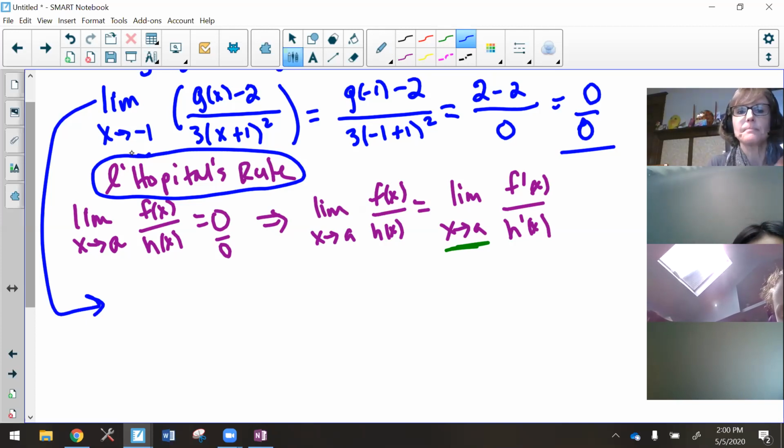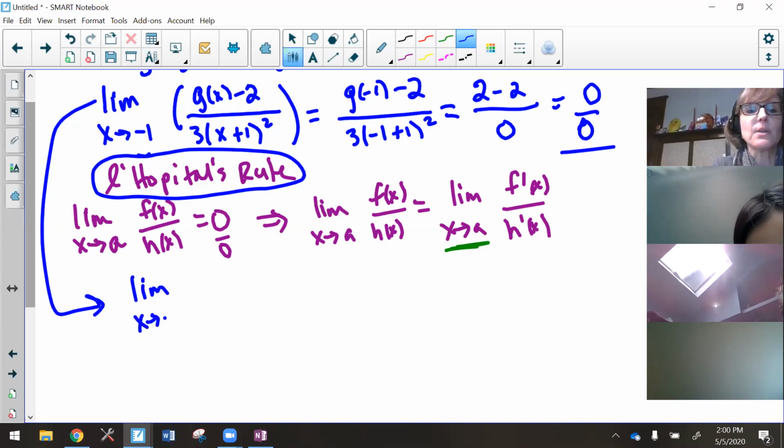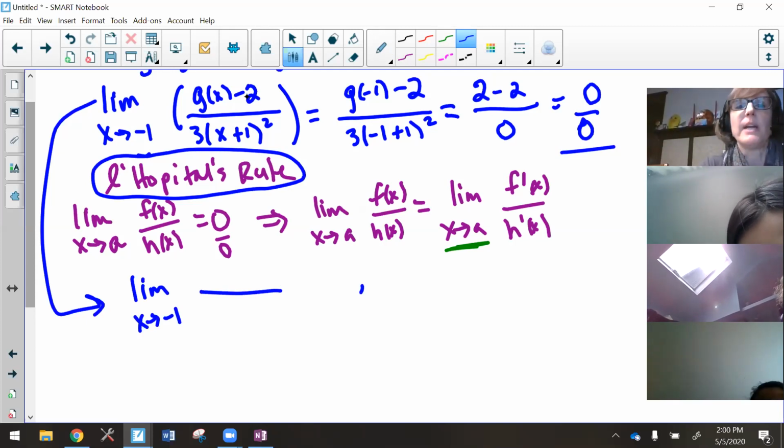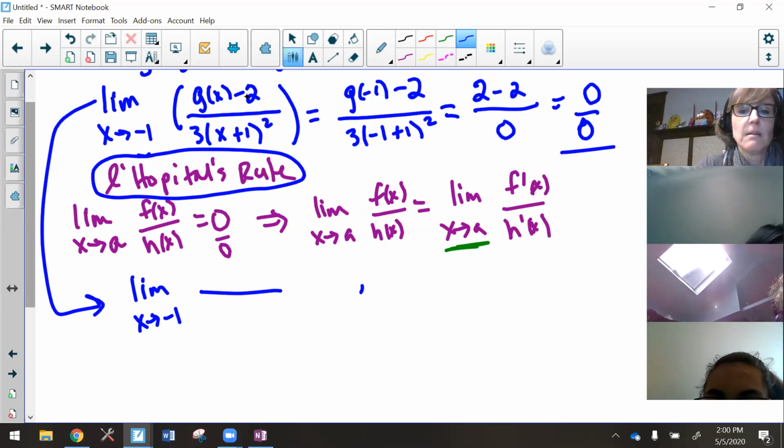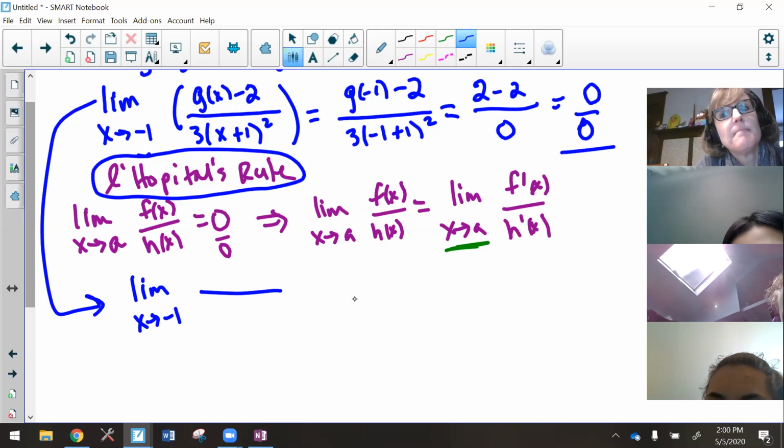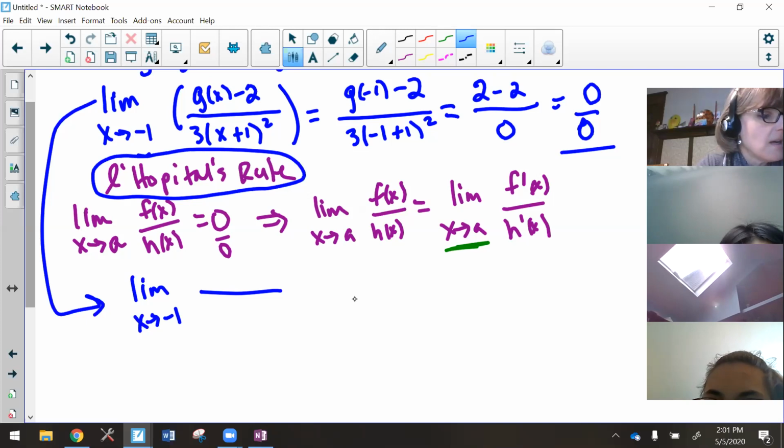Okay, so this tells me that I've got the limit as x goes to -1, and now I can take the derivative of the numerator. What's the derivative of the numerator going to be? Is this the same, like the one mentioned in the differential equation at the very beginning? This is supposed to be the original function for that?